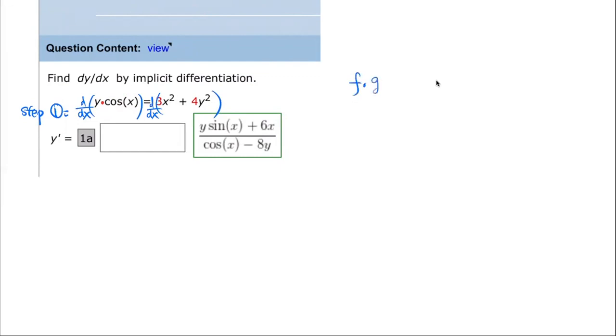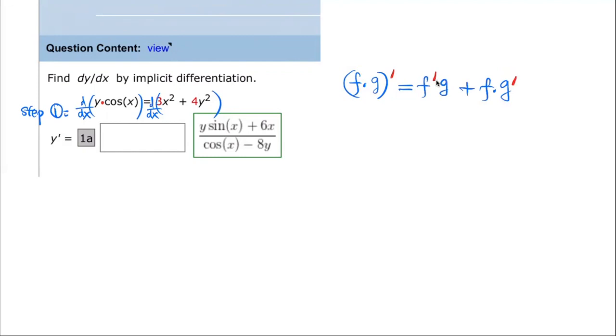When you differentiate the product of f times g, you get f prime times g plus f times g prime. The way I like to do it is first come, first serve: differentiate the first one and times the second one, plus write down the first one and differentiate the second one.